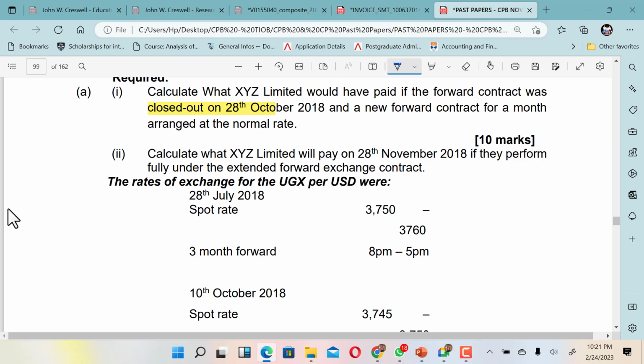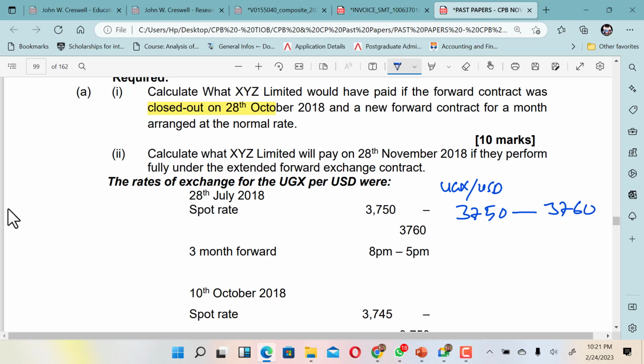Now, on 28th of July 2018, the spot rates were UGX for USD, the rates are 37.50, 37.60.